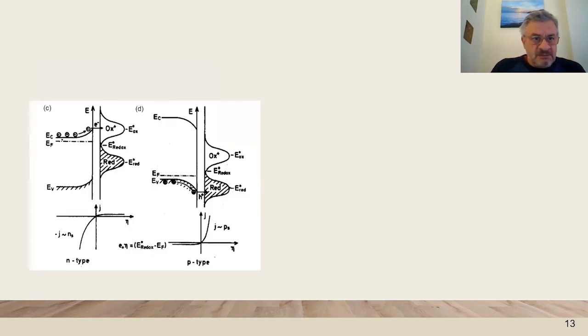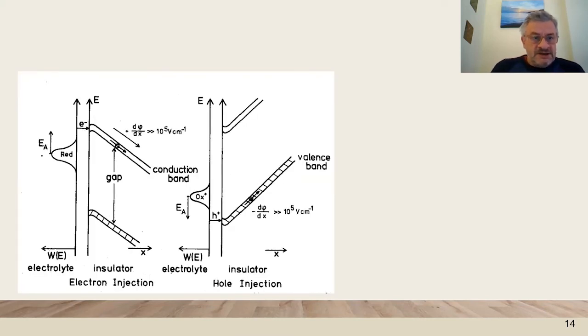These are examples of injection of electrons to the oxidized states of the electrolyte or injection of holes to the reduced states in the electrolyte. And we can see that we can have injection and transport of electrons by a reduced species in solution, and injection and then transport in the electrical field of holes from oxidized species in solution.